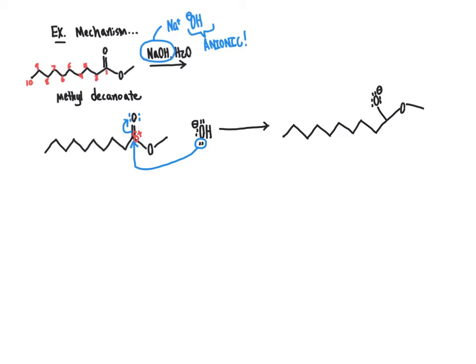And also, now that we formed that new covalent bond to the hydroxy group, we have this OH group here as well. So we have our 10 carbon chain, and the carbon that was the carbonyl right here in the starting material is now this carbon right here in our product. We've gone from a trigonal planar starting material to a tetrahedral product of this reaction step here.